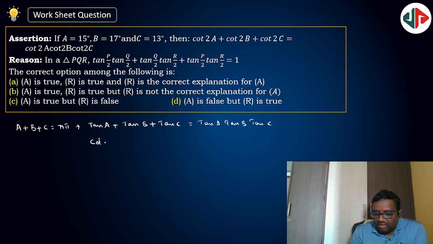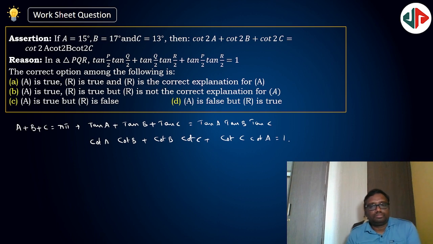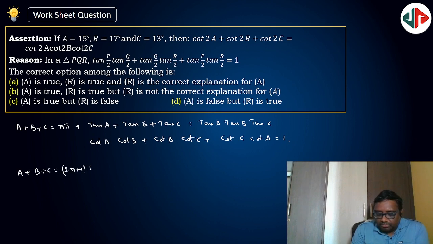Similarly, cot A into cot B plus cot B into cot C plus cot C into cot A is always equal to 1. In the same manner, if A plus B plus C is equal to (2n plus 1) times pi by 2, then what happens here?